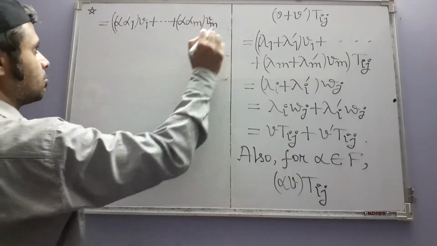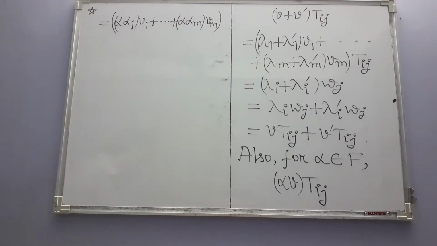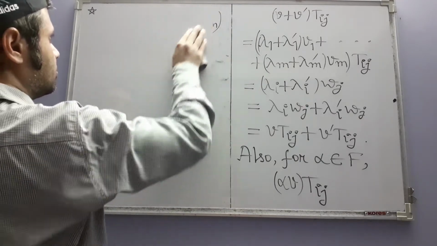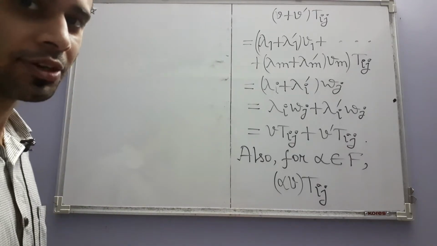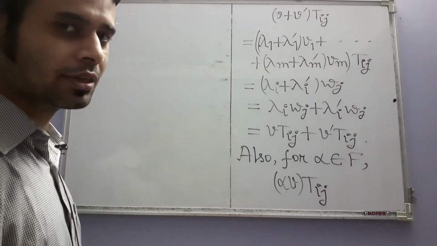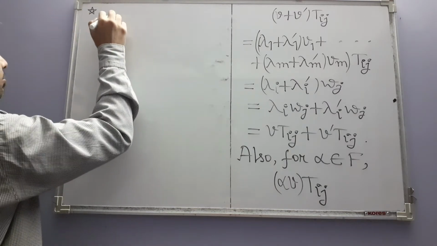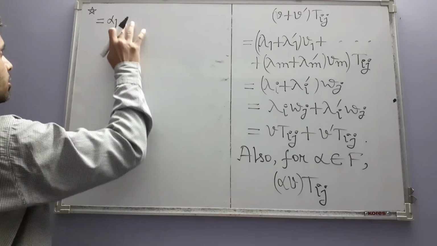Vm. We are doing calculations on vector spaces and we are short of space here. Alpha 1, oh sorry, that is lambda.